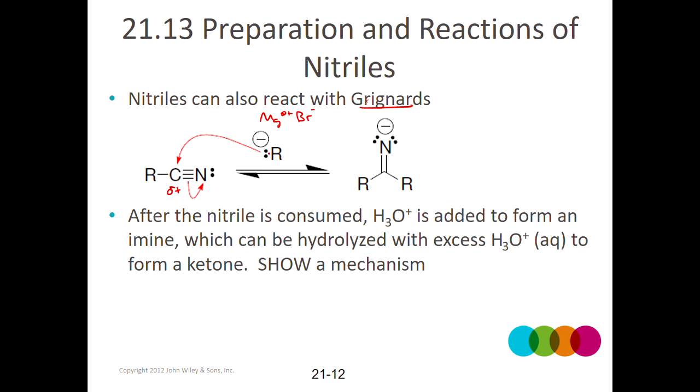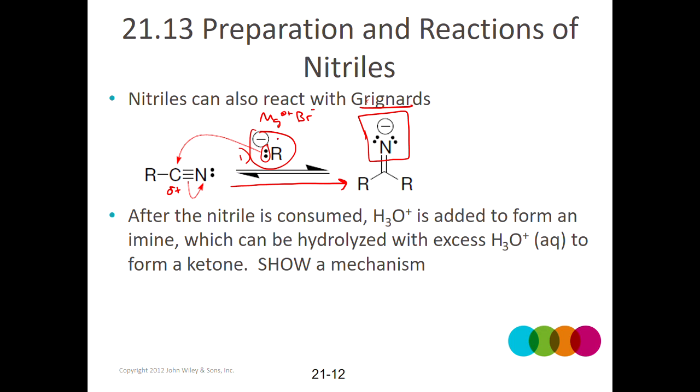They're too much negative in one spot. The magnesium can't really attract them. To make its noble gas configuration, it needs to get rid of them. So the carbon would use them to attack and push electrons here. That would give me another iminium ion. And that is going to be a lot more stable as a negative than the carbon with the negative. So that process should pretty much go forward.